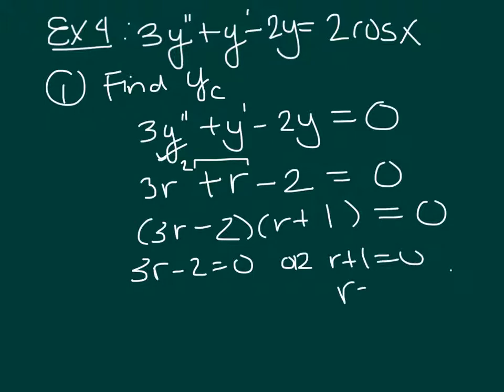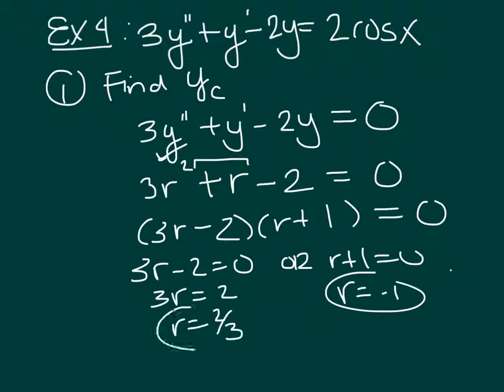So we know this one is r equals negative 1, and this one is r equals 2/3. And again, you can write the subscripts if you want.